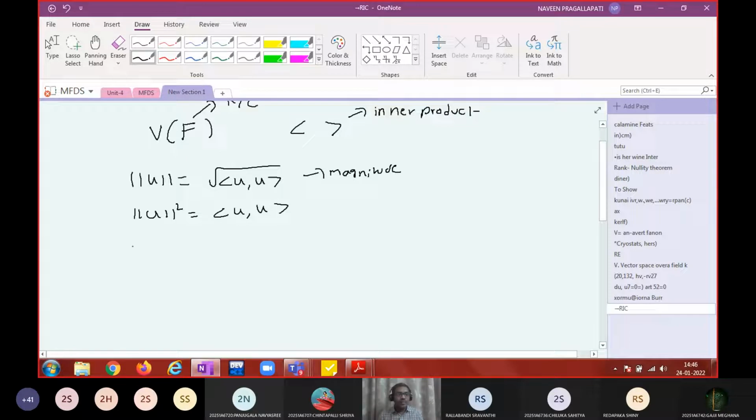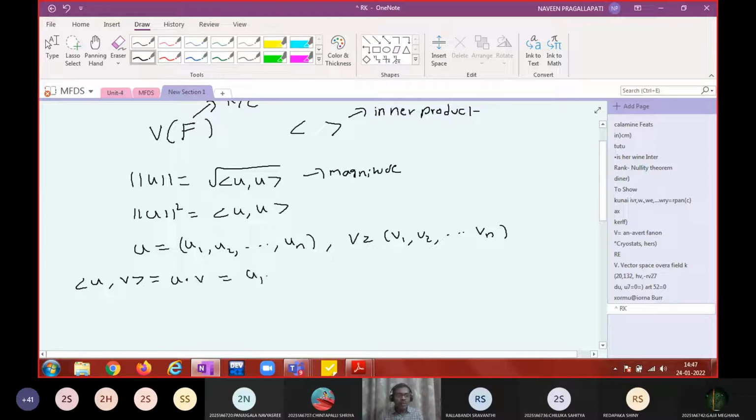And we also talked about the inner product of two vectors through dot product. If you have u equal to u1, u2 and so on un, and v equal to v1, v2 and so on vn, the inner product of u comma v can be defined through dot product as u dot v, which is u1 v1 plus u2 v2 plus and so on un vn.